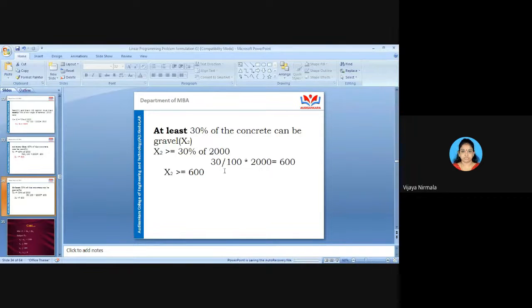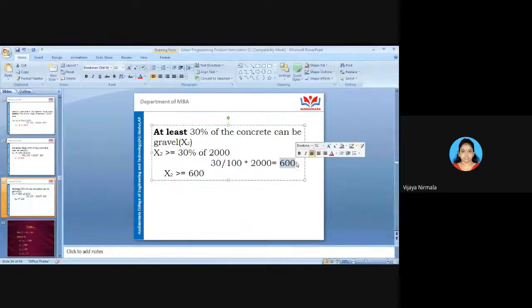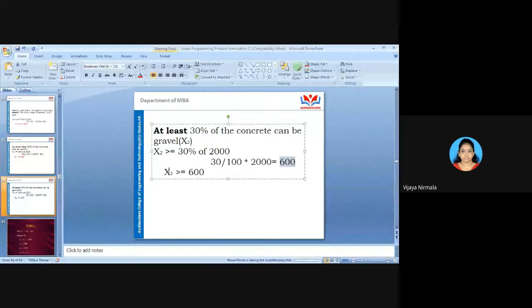If you solve this, you get 600, right? So x2 is greater than or equal to 600.